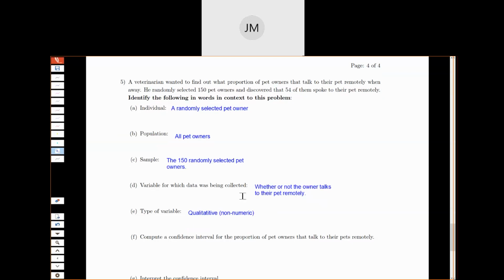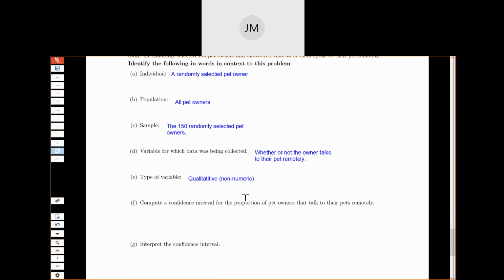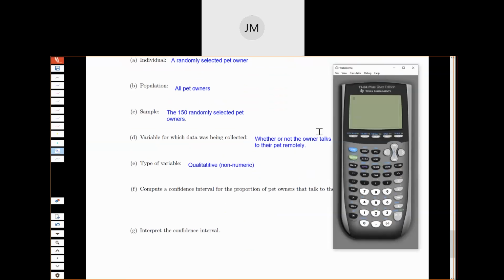So then to compute a confidence interval, I didn't write down the whole PANIC acronym here that we did in the homework, but we'll do that with the next set of review material we look at. I still want to go through the same thing. I want to use 1-PropZInt to create my confidence interval.